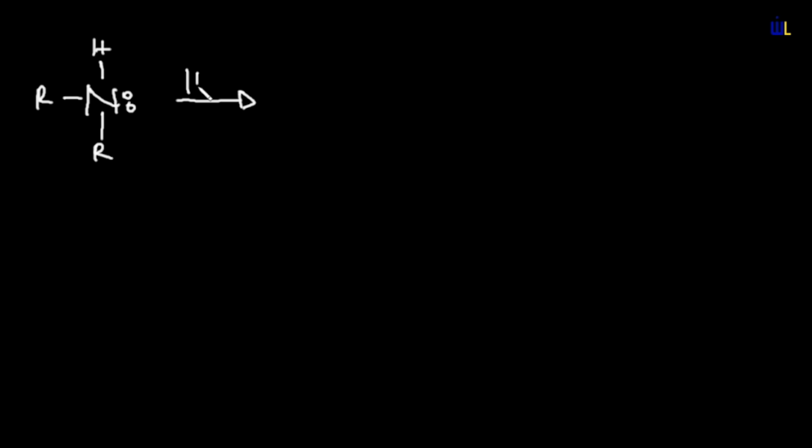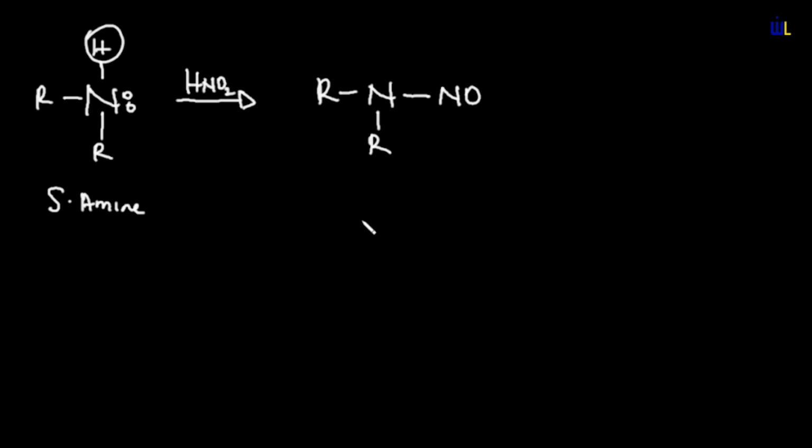So with HNO2, if this reaction is to occur, the alkyl group will be attached to nitrogen, which is still attached to the other alkyl group. However, this hydrogen is lost. And when hydrogen is removed, you have a free bond. This free bond is now attached to your nitroso. This nitroso is basically what attaches to this secondary amine to give it its characteristic yellow color. So secondary amines, when they react with your nitrous acid, you are going to have a product known as the N-nitrosoamine.